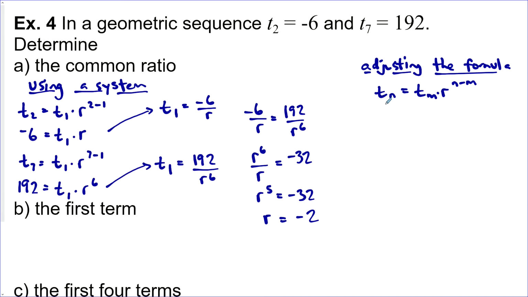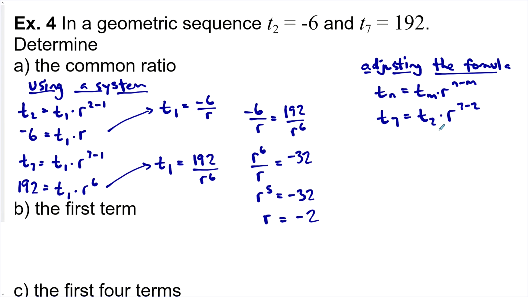So now we can just use t7 here and t2 here. So in our case, this will be t7 is equal to t2 r to the 7 minus 2 times. And hopefully it's more clear once we put the numbers in. From t2, we need to multiply by r 5 times to get to term 7.